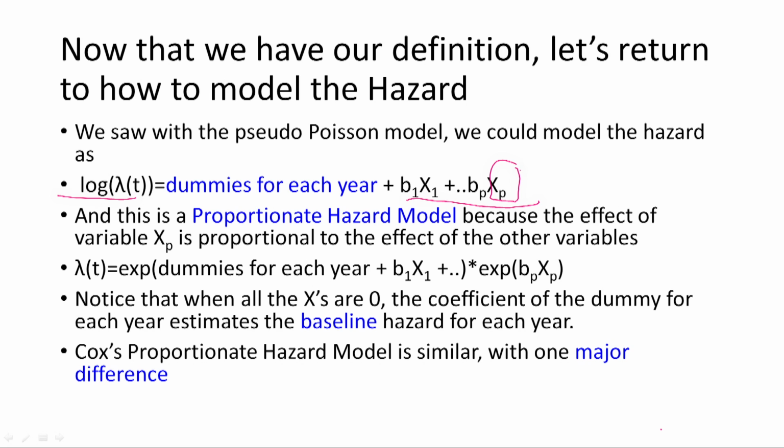Because if I exponentiate the left and right-hand side of that equation, I see that the hazard is the exponential of the dummies for each year times e to the B_p x_p. So the effect of x sub p, this particular predictor that I may be interested in, multiplies the effect of all the other predictors. And that's what proportionate means.